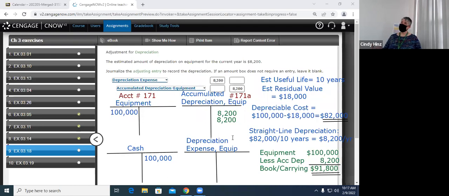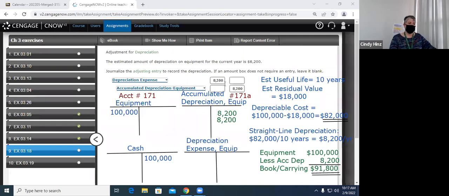And each year we record $8,200 in expense, and we add to that accumulated depreciation. That's why it's called accumulated. It keeps adding up, right? So each year we add another 8,200. And at the end of 10 years, assuming nothing changes, we have put $8,200 into that account every year.